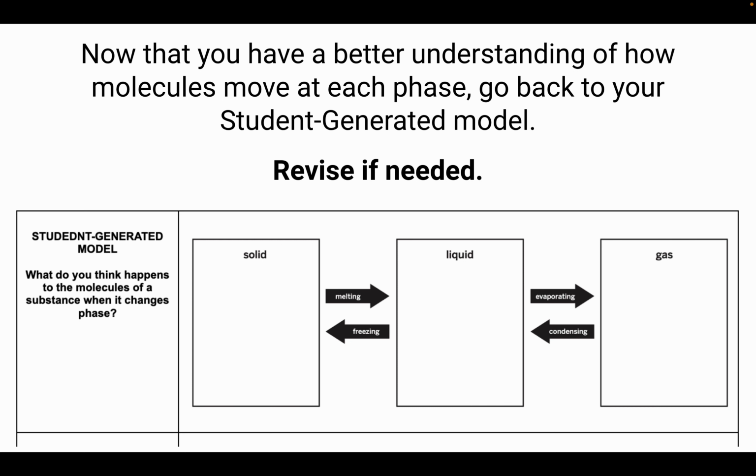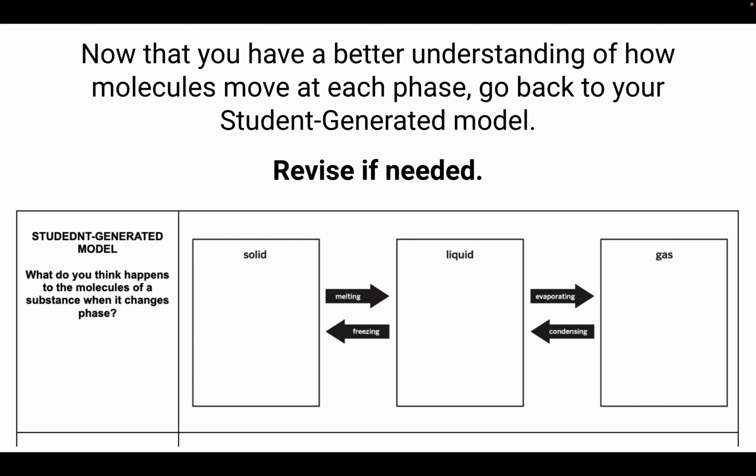But they would take the shape of the container. They'd be a little bit farther apart than what the solid molecules are. Your solid molecules should be touching. If you have space in between your solid molecules, revise it, redraw it, put them close together. Remember, solid molecules vibrate together in place. They have very high molecular attraction and a very low freedom of movement.